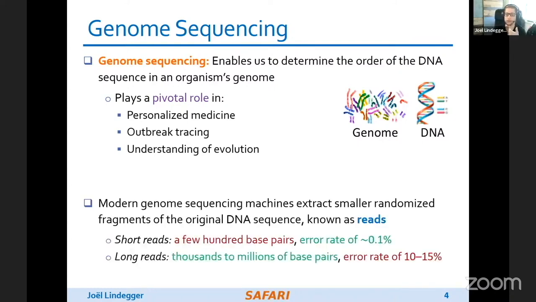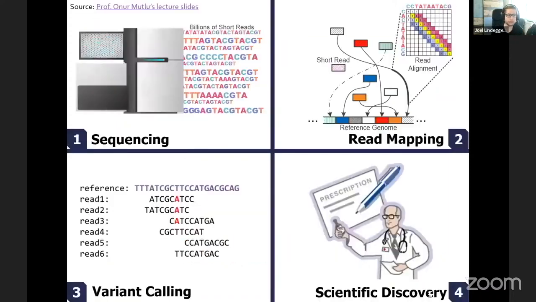We call them reads, and depending on the technology that we use, these can be a few hundred base pairs or characters if you're being computer scientists, at small error rates, or there can be very long reads from thousands or millions of characters with high error rates. And well, more recently, then there can also be long reads with low error rates and so on. But anyway, the reads are diverse, and our algorithms also need to be able to handle this.